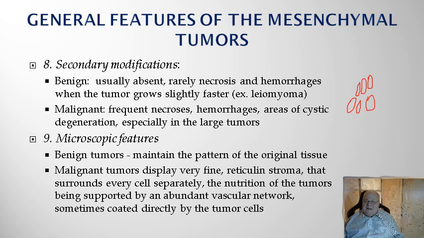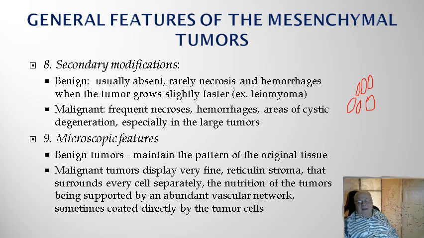Only a very thin, very fine reticulin stroma, which means collagen type 4, a very lax web-like collagen fiber type, not collagen 1 and 2, which generate the normal connective tissue.